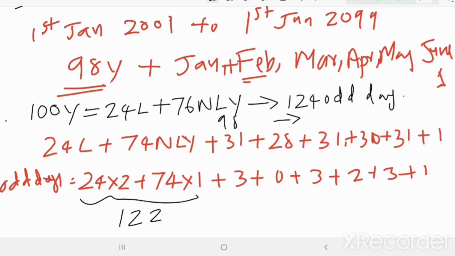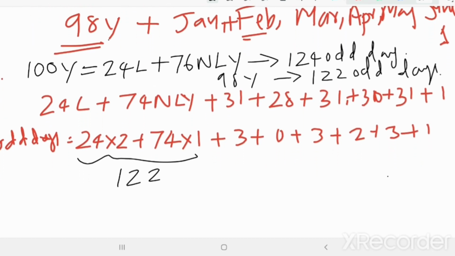So in 98 years you get 124 minus 2, 122 odd days. Now here 122 plus 3 plus 3 plus 3 plus 2 plus 1, we get 12. So total number of odd days equal to 134. Again we can divide this by 7. So we get number of odd days equal to 1.